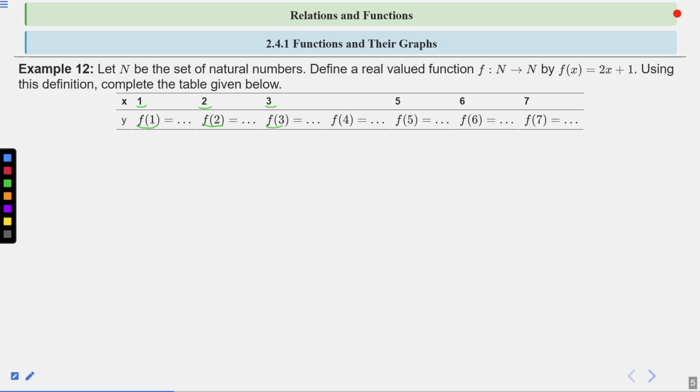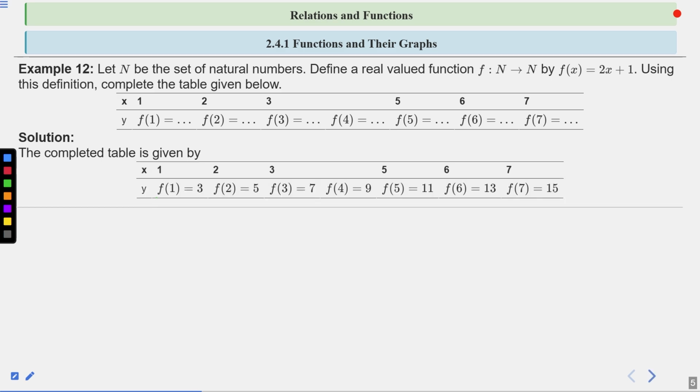Clear? And so on. So the solution is quite simple. The completed table is given by this: f of 1 is going to be 3. Why? You just have to substitute 1 over here. So 2 times 1 plus 1 is what? 3.